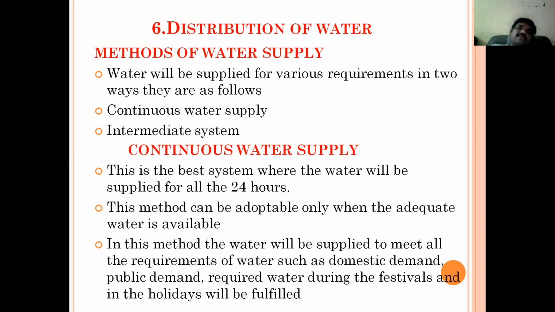Here, distribution of water. We entered into the sixth unit, that is distribution of water. Up to now, we discussed and brought the water to the stage from where we can supply the water to the public.